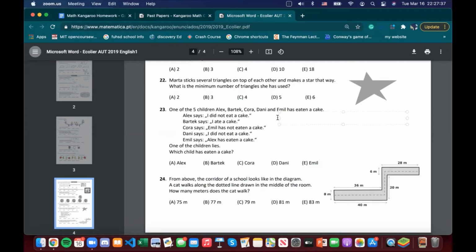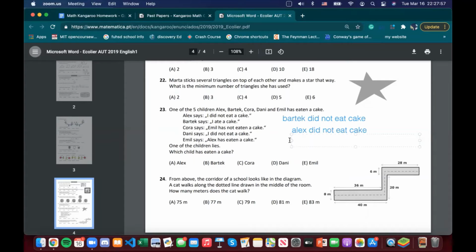Let's go for Bartek. Bartek did not eat the cake, so Bartek did not eat cake. And Alex did not eat cake. Neither has Danny or Emil.